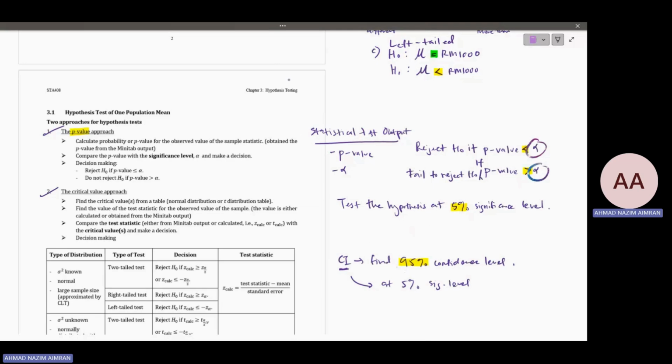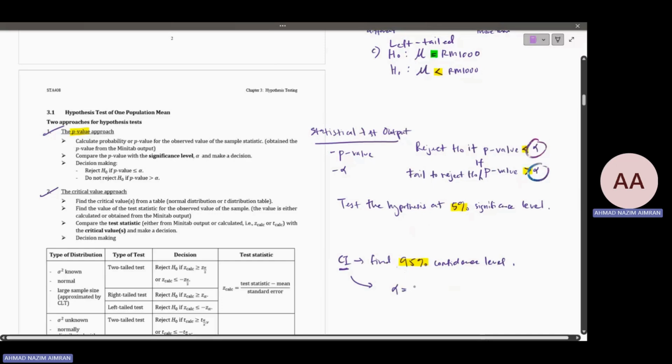And if you can recall what we have learned previously, alpha is actually 1 minus 0.95, and this is equal to 0.05. 5% significance level is equal to the 95% confidence level.